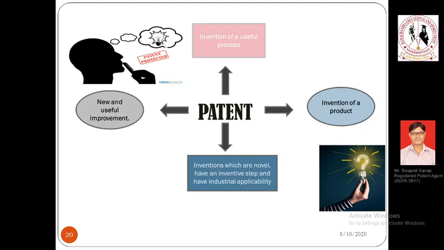Let's take examples of all these things. Invention of a useful process. Can anybody think of a useful process? Let us take an example, okay? Let us say 15 years back, communication between one person sitting in Mumbai and a person sitting in Jammu Kashmir was very difficult, right?